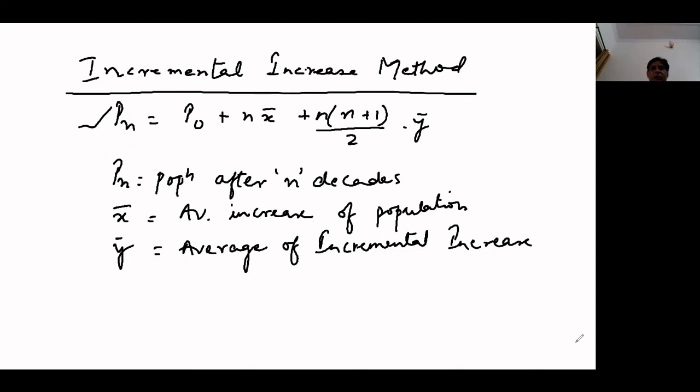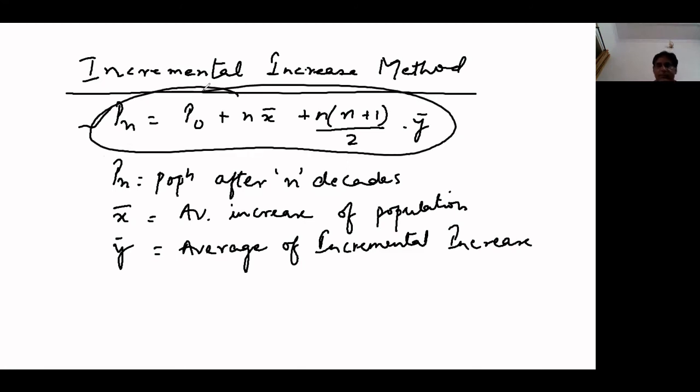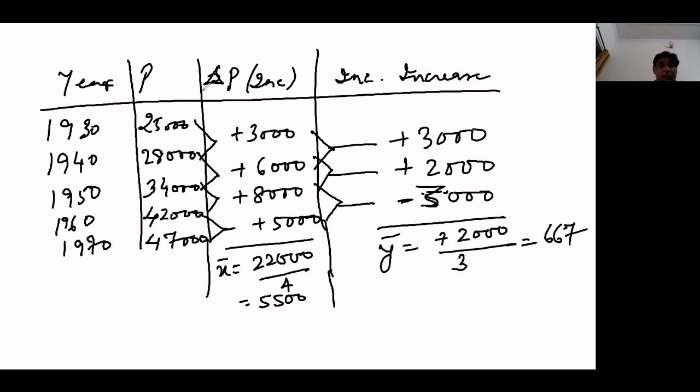The first method was the incremental increase method with this easy formula, where Pn is the population after n decades, x bar is the average increase of population, y bar is the average of the incremental increase, right? We took up the example which we were taking for the other methods as well, and we worked out that x bar was 5500 and y bar was 667.